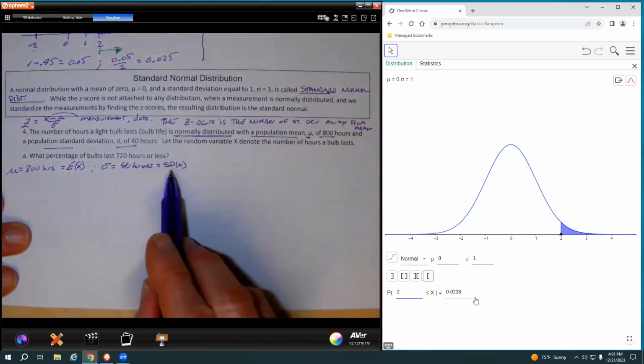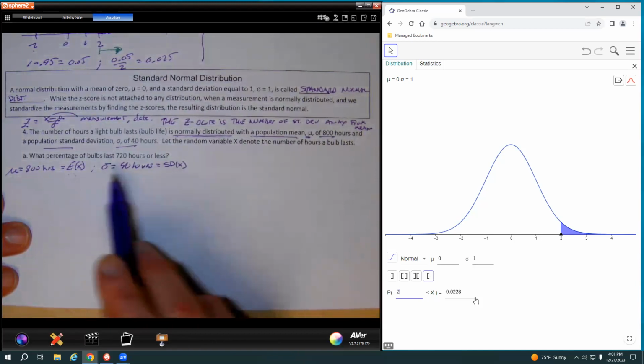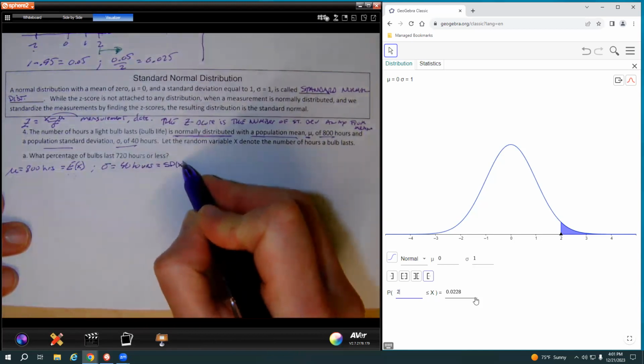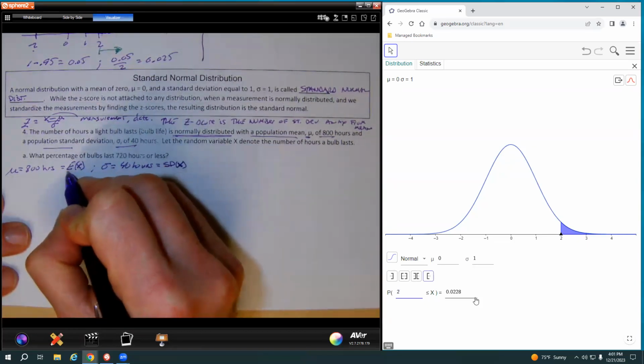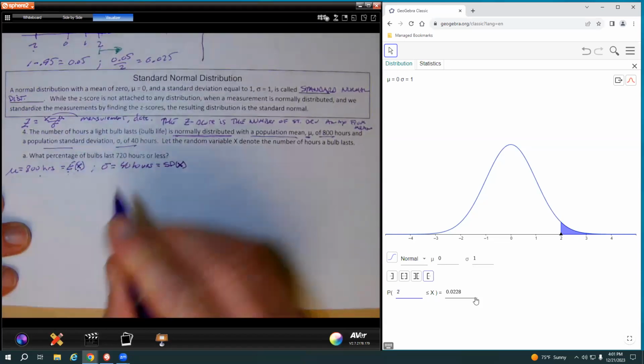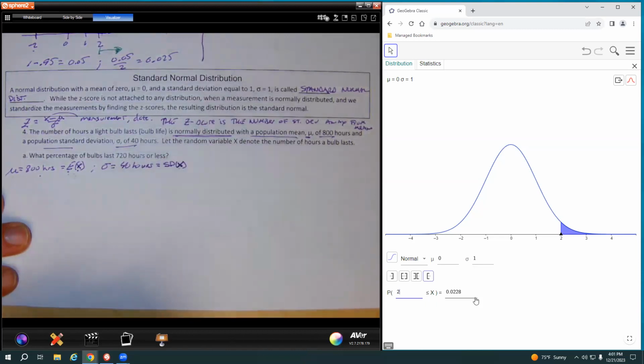Notice the SD is for standard deviation. So this is the population standard deviation, meaning that this variable is the population variable. So the expected value of the population variable is 800. The standard deviation of the population variable is 40 hours. Okay.